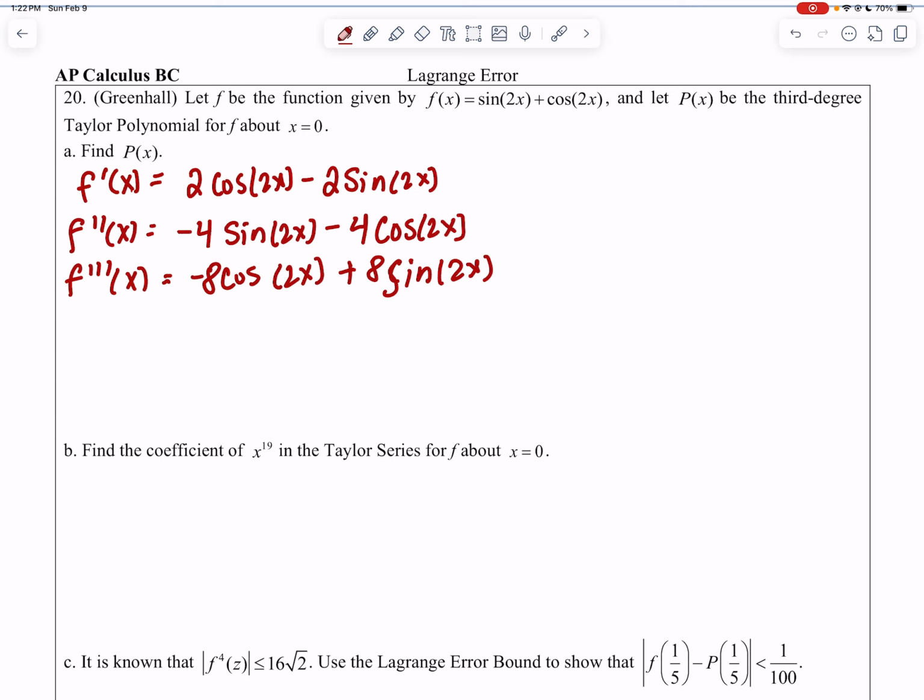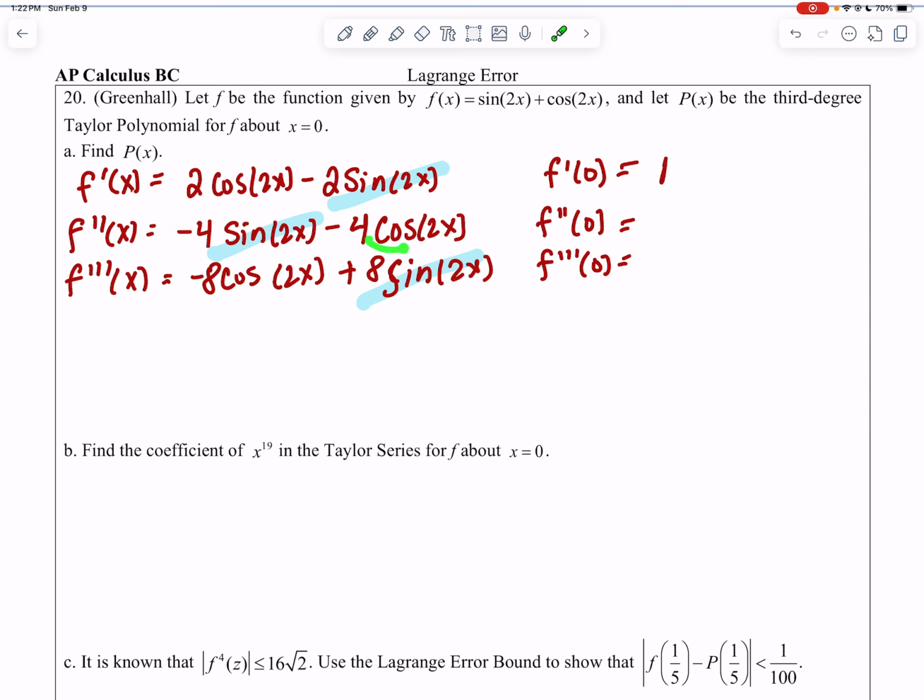Whew, okay. And then we are just plugging in 0 for my derivatives. Lucky for us, sine of 0 is just going to give me 0, so I don't really care about sines. I only care about the cosines now. So if I were to do this, this is going to give me 1.